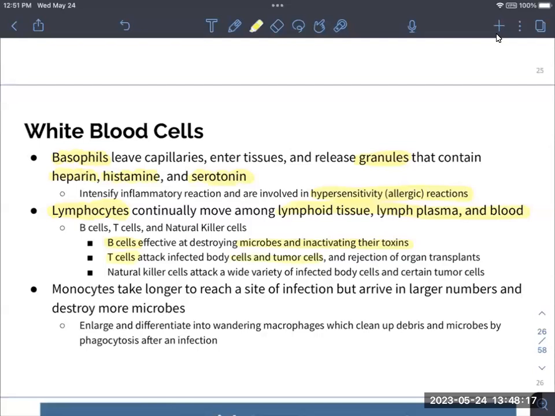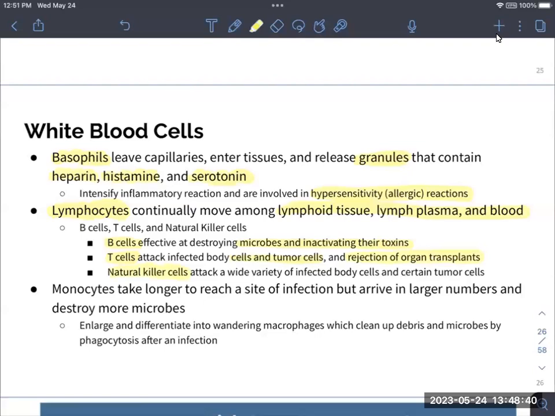Sometimes, no matter how hard they try to match the person to the organ and everything, your body will still reject that organ transplant. And that is where your T cells come into play. We also have what are called natural killer cells. These are all different types of lymphocytes.